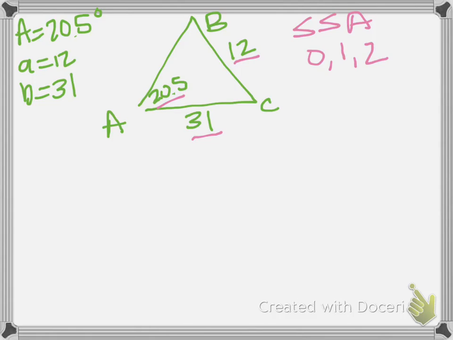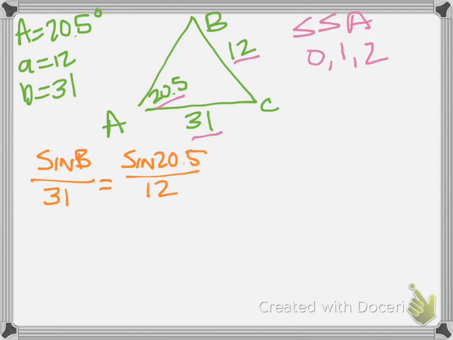The great part is I don't have a 90-degree angle, but I can use the law of sines. So I have partners again. It looks like I'm going to try and solve for the sine of B, or angle B. And I have the partners between my A's, so I can take the sine of 20.5 divided by 12.